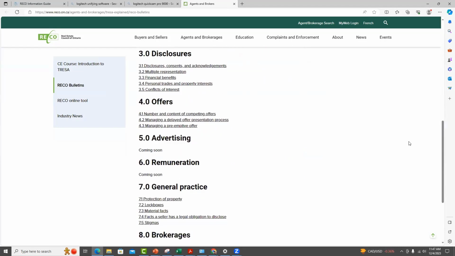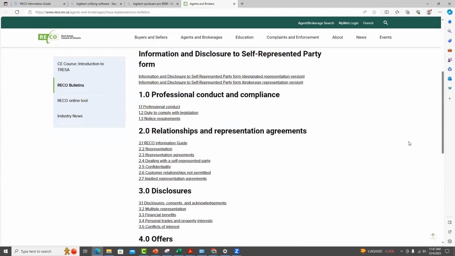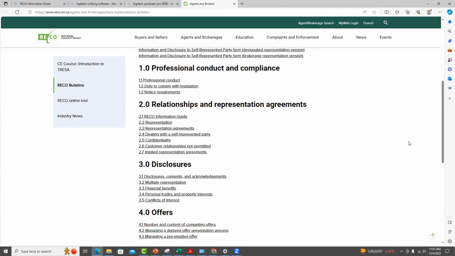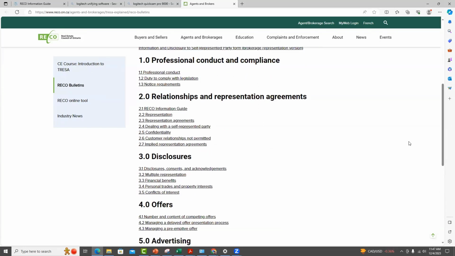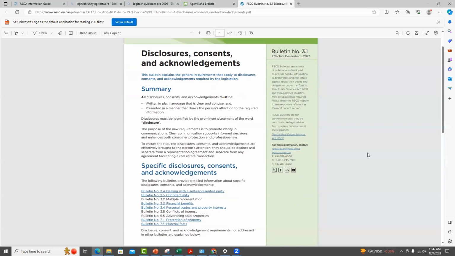And now you see the RICO bulletins on those are written very, very clearly. One of the biggest ones is around stigmatized property in case of death. Now, before, remember when you heard me talking about what are we responsible to disclose? That's a huge change. If there was a death, murder, whatever, yeah, these bulletins.